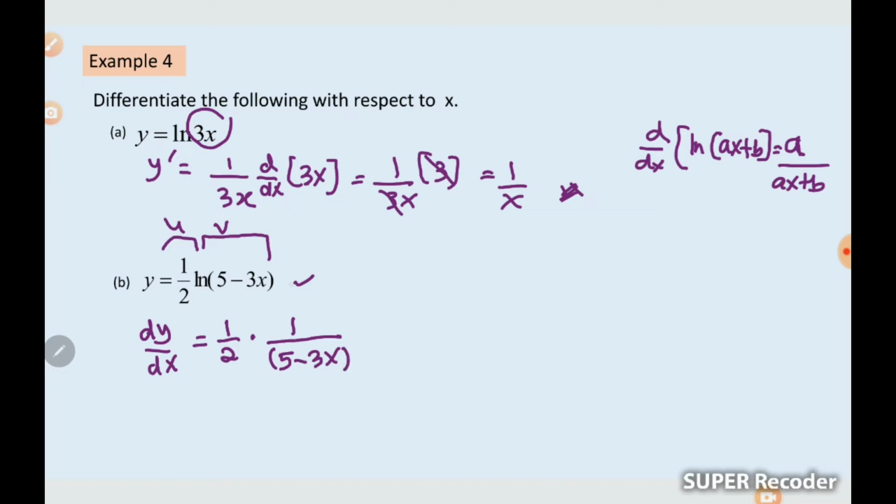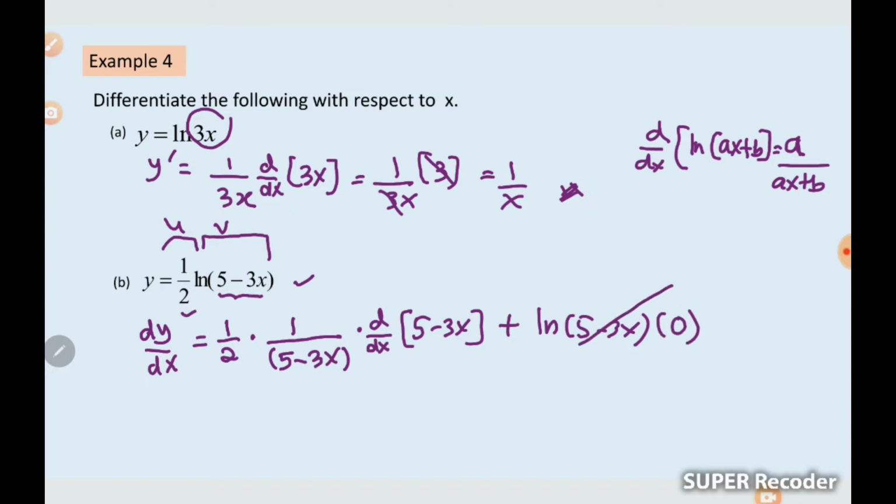We haven't finished yet; you have to differentiate inside the ln, 5 minus 3x, which is negative 3. Plus v u prime: differentiating 1 over 2 gives 0, so actually you don't have to write this. So the answer is negative 3 over 2 times (5 minus 3x). This is the final answer.